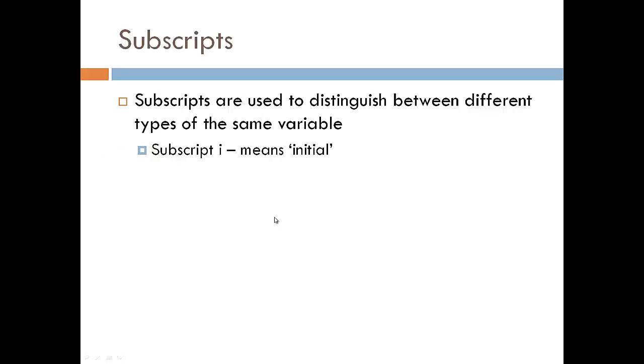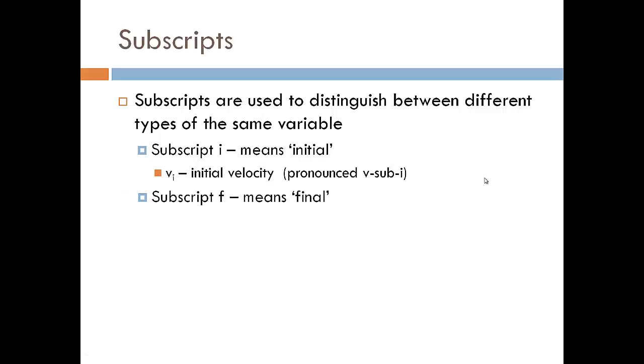For example, a subscript i stands for initial, and you'll see stuff like v sub i for the initial velocity, and it's always pronounced just v sub i. A subscript f, on the other hand, means final, and you might see v sub f, final velocity. You can have initial acceleration, final acceleration, initial time, final time. There's all sorts of different ways that this can be used.